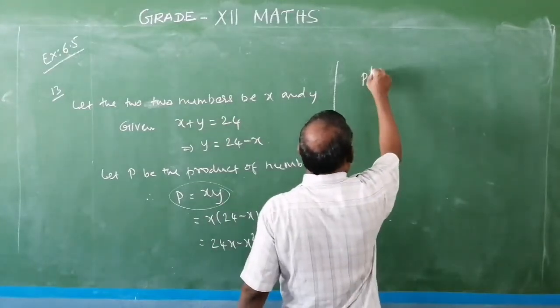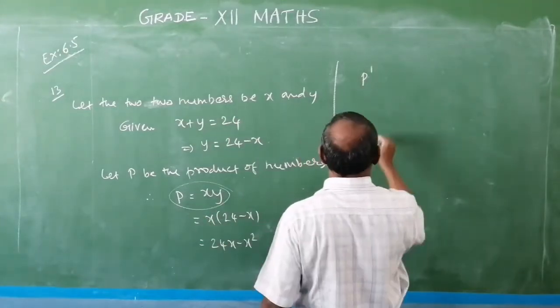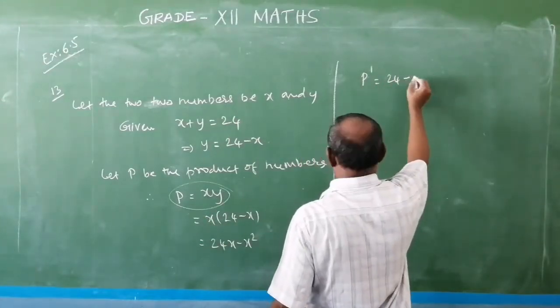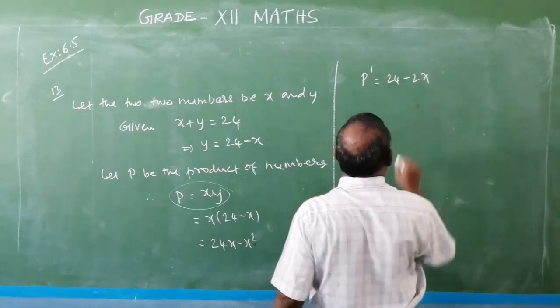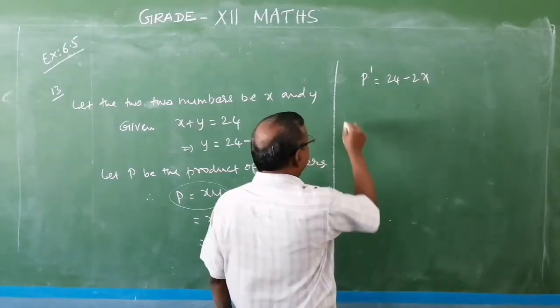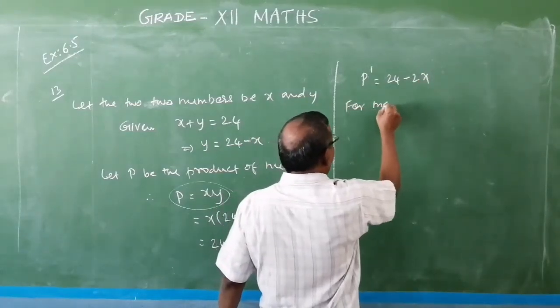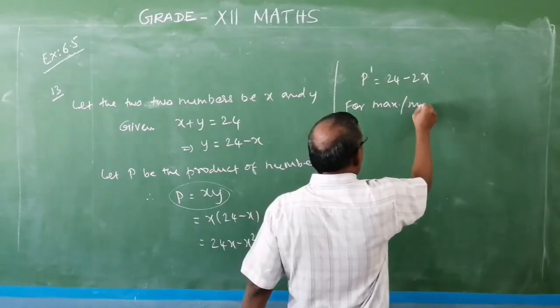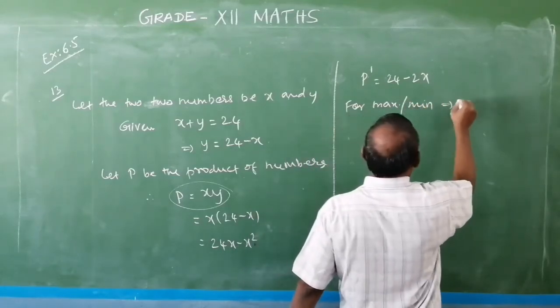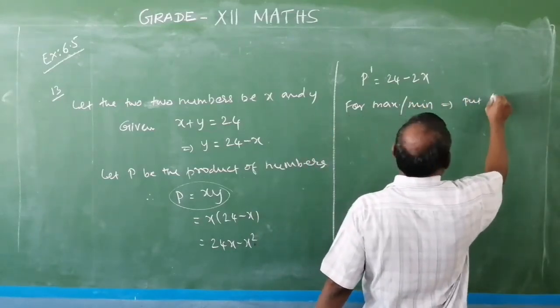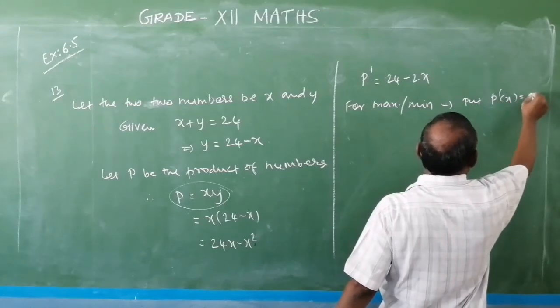Now differentiating once, p dash equal to 24 minus 2x. For maximum or minimum, we need to put p dash of x equal to 0.